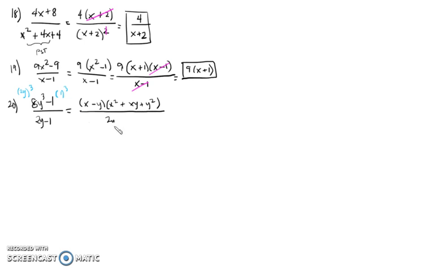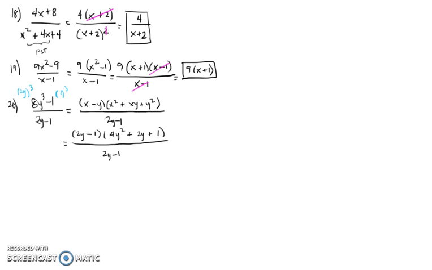All over 2y minus 1, and then substituting the values: for x I have 2y, for y I have 1, so (2y minus 1). That is x squared, so that becomes 4y squared, plus x times y, that gives us 2y, plus y squared, that is 1, all over 2y minus 1.